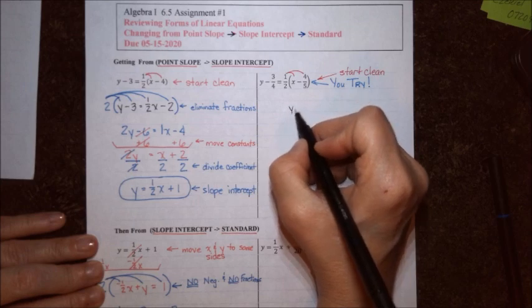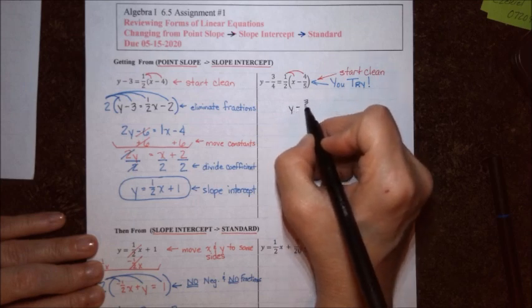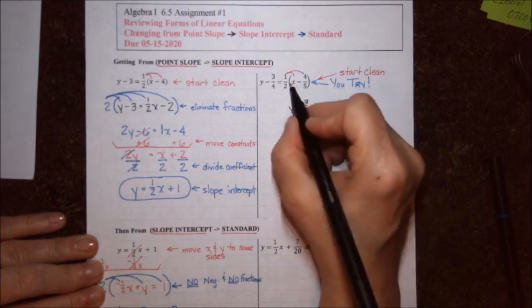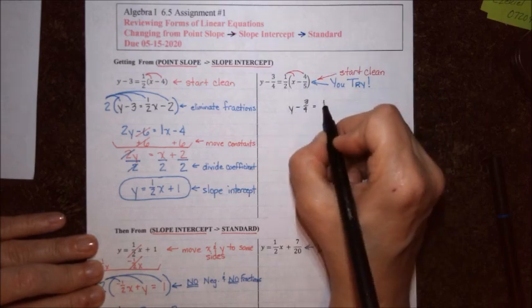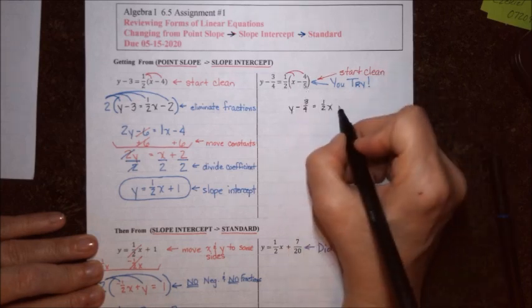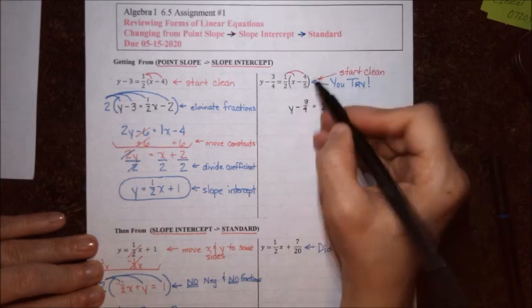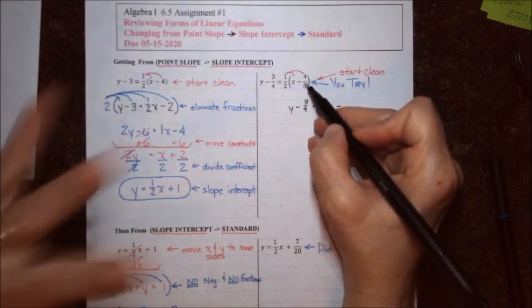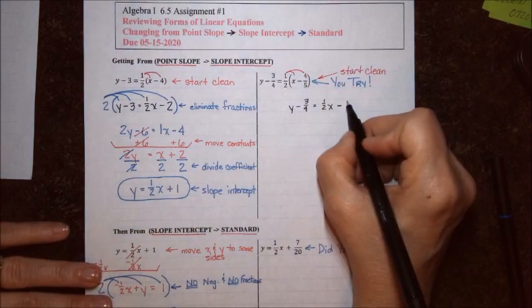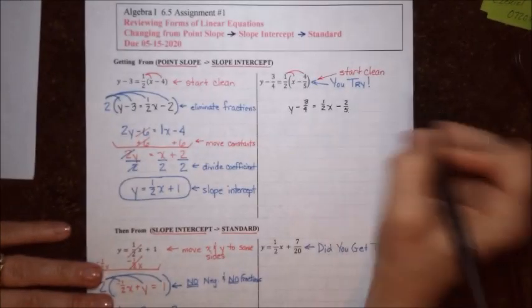So we have y minus 3/4. That doesn't change yet, but we have 1/2 times x, 1/2 x, and then 1/2 of 4/5. Well, 4/5, I've got 4 of them, but I only need half of them. 2/5.